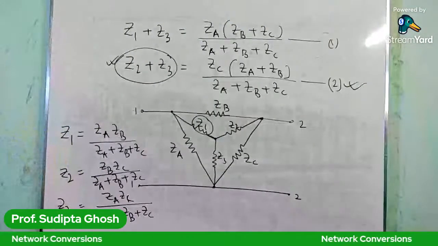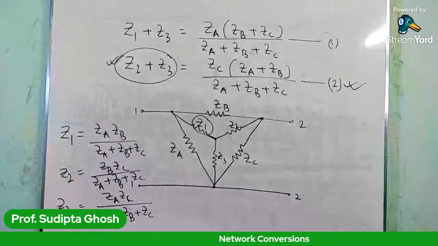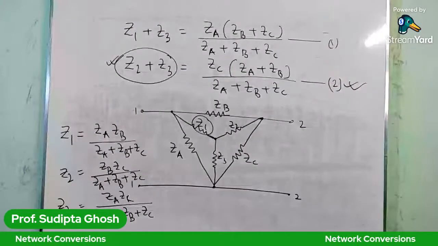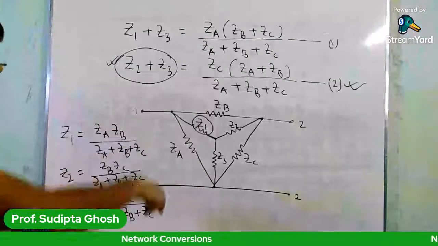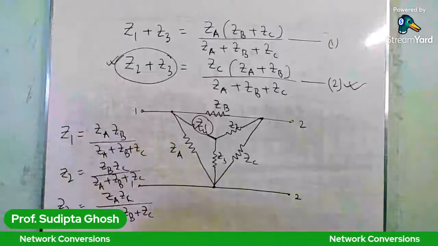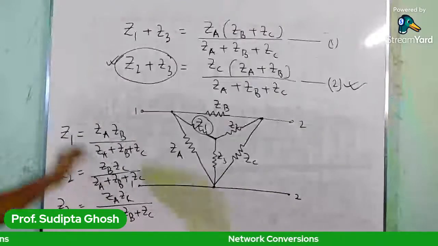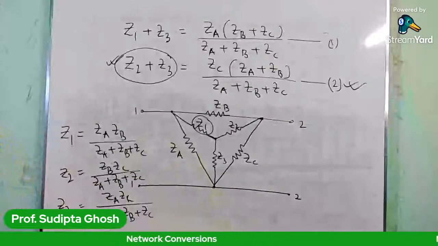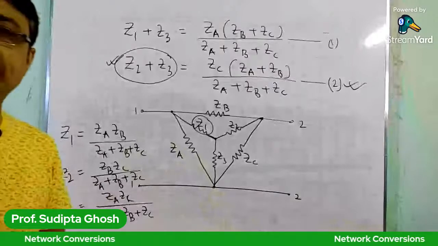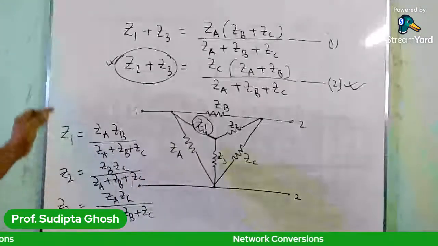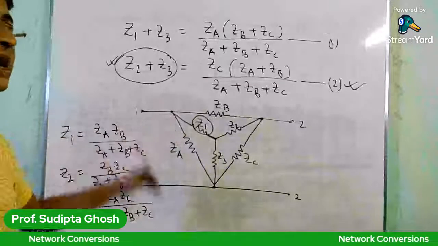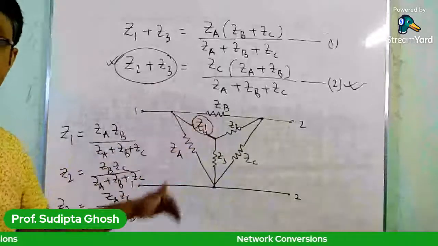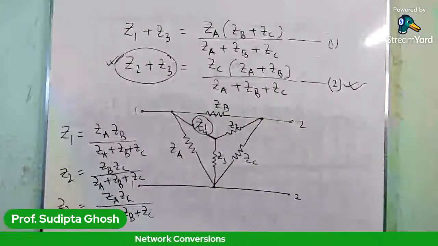That is, when you have to find the values of a T section by using the pi section, you just consider this figure as a whole, and then you can write these equations, remembering that the denominator part remains the same, and you have to get the value of the numerator part, and it is just the product of the two impedances which lie on the opposite side of the T section here.